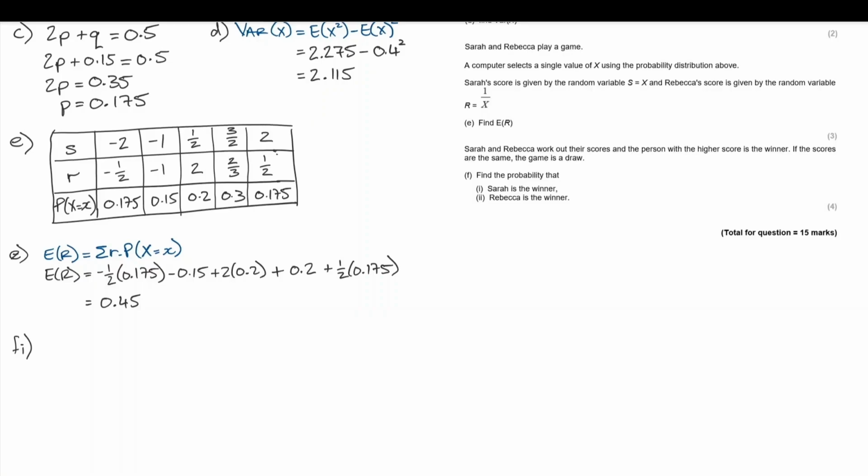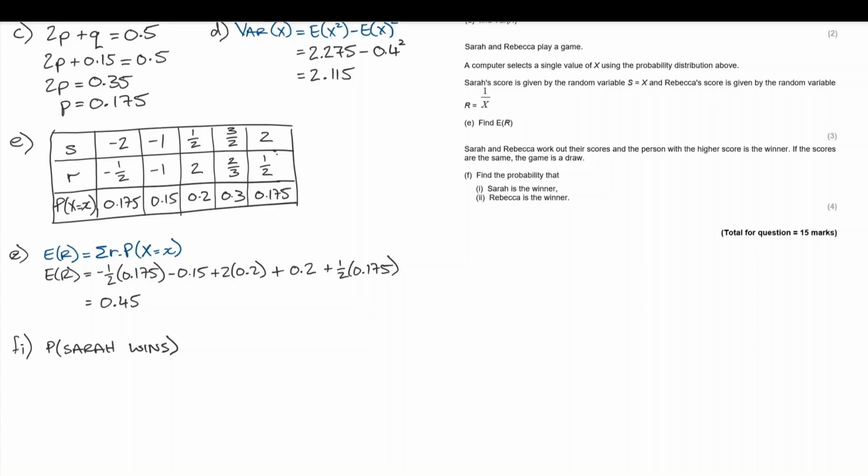We need to look at each of these outcomes and decide for which ones Sarah is going to be the winner. When the number selected by the computer is -2, Sarah is not the winner. She needed to have the highest score to win. When the number selected is -1, Sarah does not have the highest score; they both have the same score. When the number selected is a half, Sarah does not have the highest score; Rebecca's got a 2. When the number selected is 3/2, now Sarah does have the highest score.